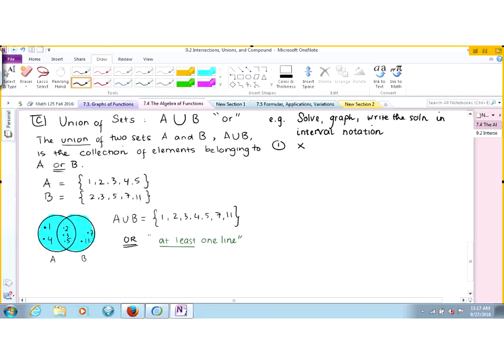Number one, x is greater than or equal to 5, or negative x is greater than or equal to 4. Number two, x plus 5 is less than negative 3, or x plus 5 is greater than or equal to 3. All right, so let's do this one first. This is simple.